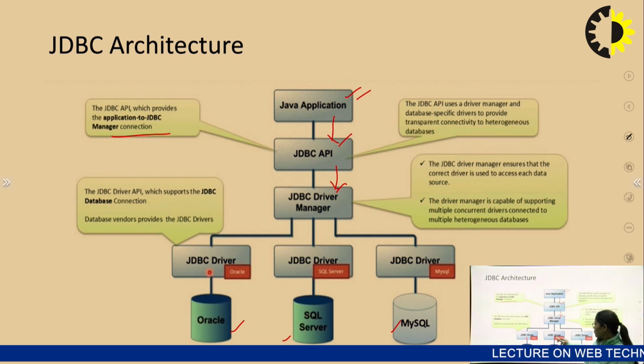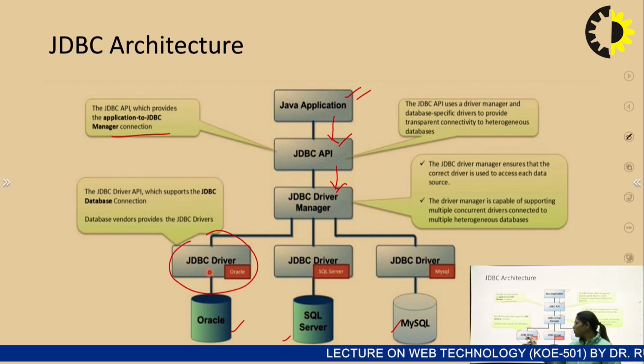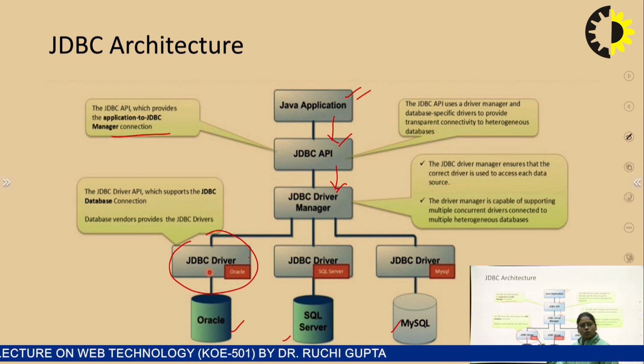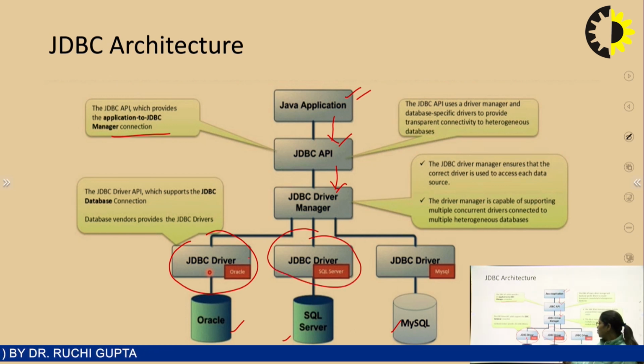Now, we have to install the particular database driver. For example, as we have seen here, if we want to connect with the Oracle database, then first of all we need to load the Oracle driver. If we want to connect with SQL, then we need to load the SQL driver.